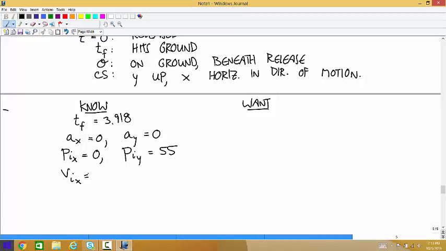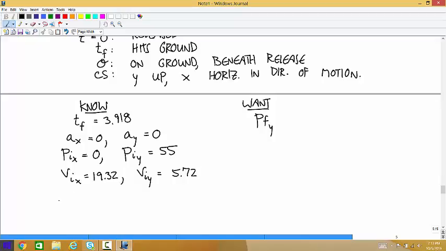VIY is 5.176. And then VIX is 19.318. And then we don't know anything about the final velocity. But what we're trying to figure out is PFY. We want to figure out how much higher it's gone over this time interval.